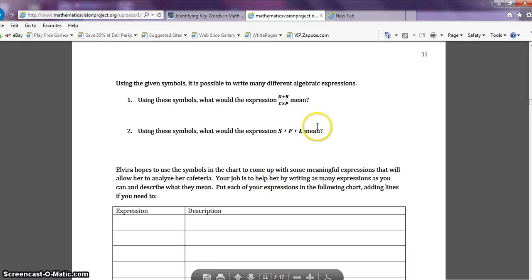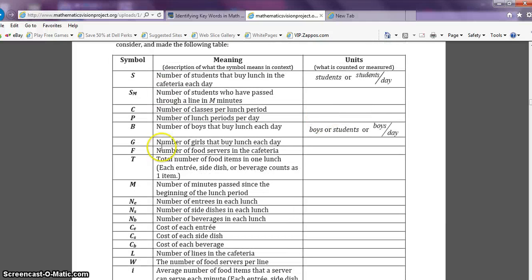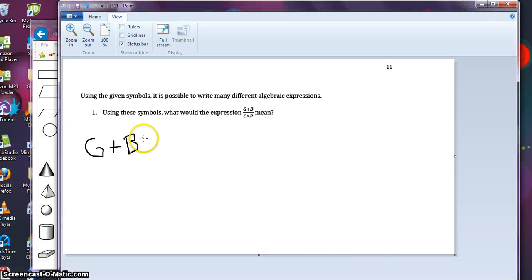So if you take a look at the chart right here, we're going to combine G and B. Well, G is the number of girls that buy lunch, and B is the number of boys that buy lunch. Oh, well, if I combine the number of boys that buy lunch and the girls that buy lunch, that's all the people. So when we combine G and B, the meaning of that is all the students, right? All the students that buy lunch.